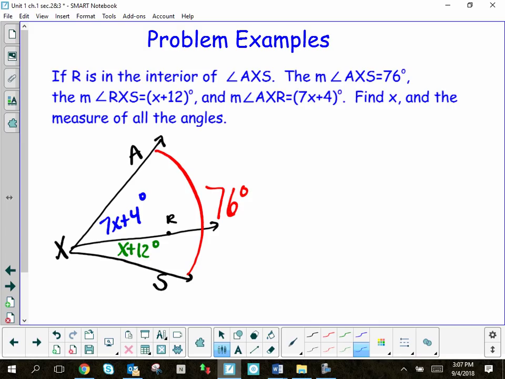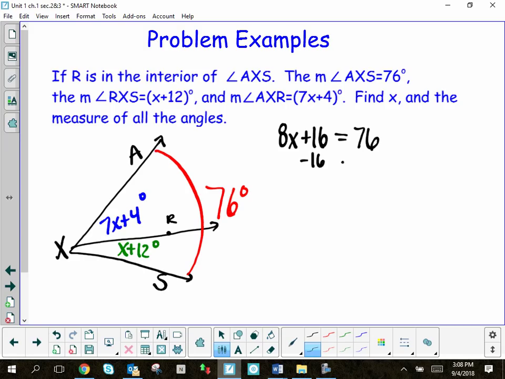So this is very similar to that segment addition that we did on 1.1. So let's add the 2 little angles and set them equal to the 76. I'm going to add them in my head. 7x plus x is 8x. 4 plus 12 is 16. Set it equal to 76. Now I'm going to do a little bit of algebra.